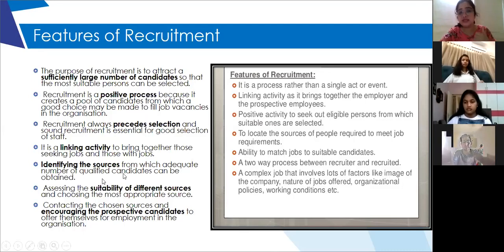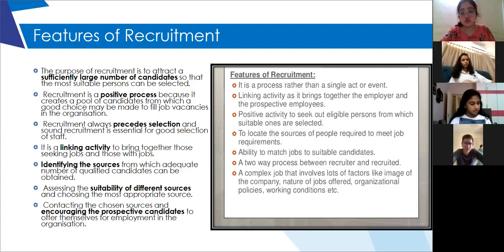Today if I'm inviting a candidate, please come and join the financial department in my organization, or I'm asking that why don't you come and give an interview for the marketing department. So he has to be from that field. He needs to be qualified from that field. Then only he can apply for the job. So his suitability is important to check before you recruit the candidate.